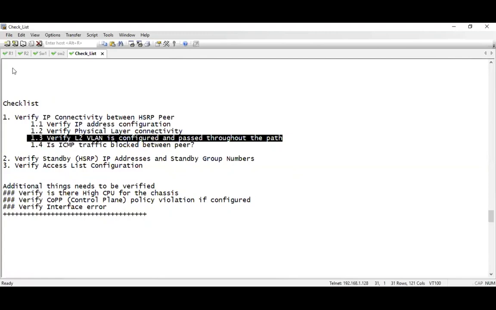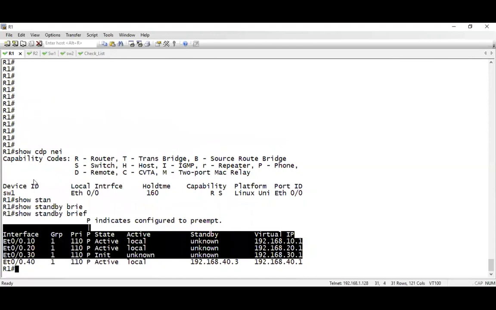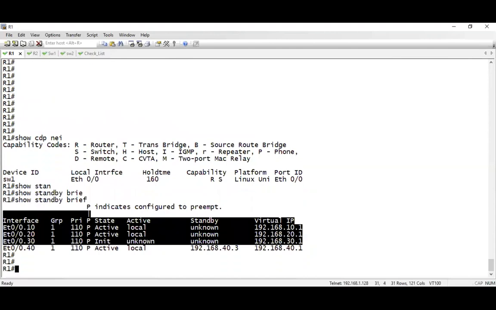Okay, let me start with the troubleshooting part. So we will start with one subinterface. Let's say I'm starting with Ethernet 0/0.10.